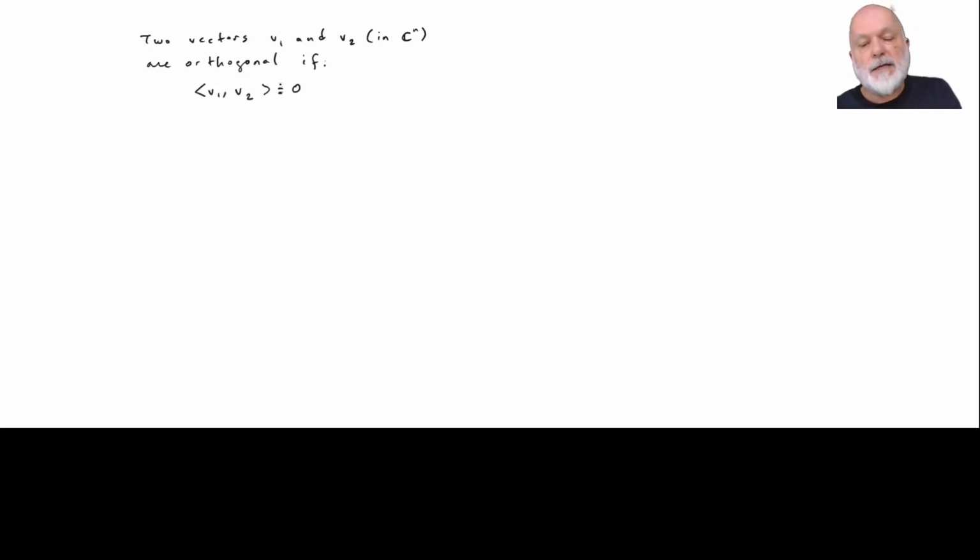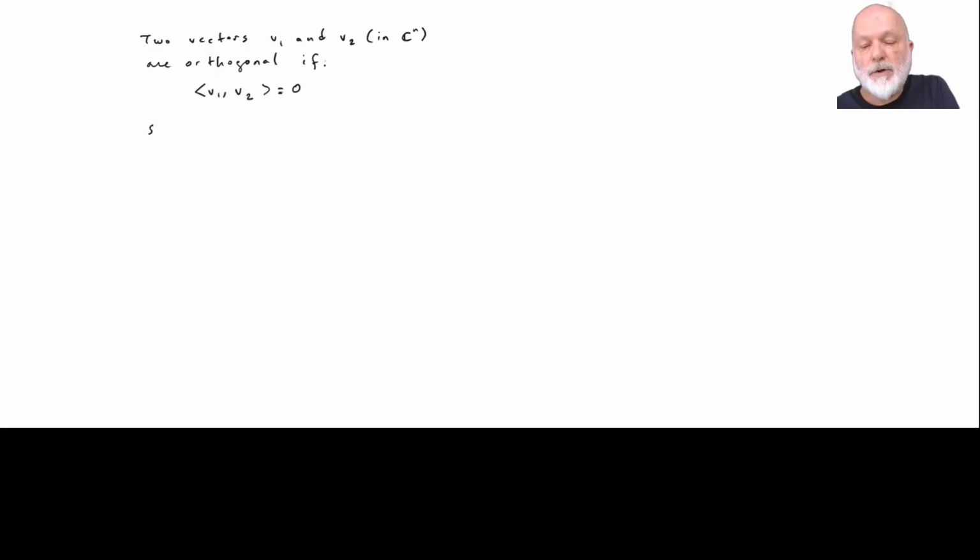Now suppose that we are able to find a set in Cn which is an orthogonal set. That means the elements are pairwise orthogonal, and we are able to find n such vectors.